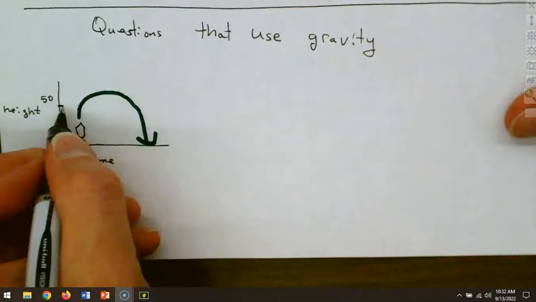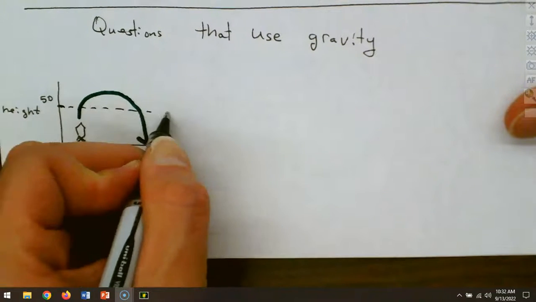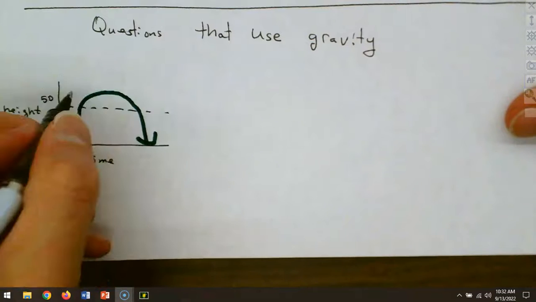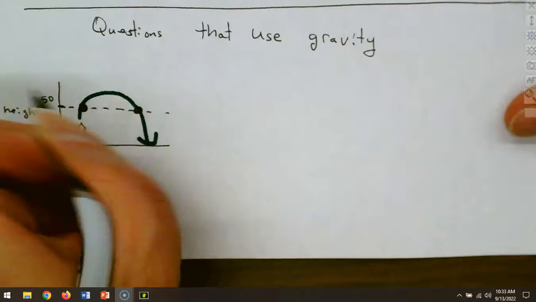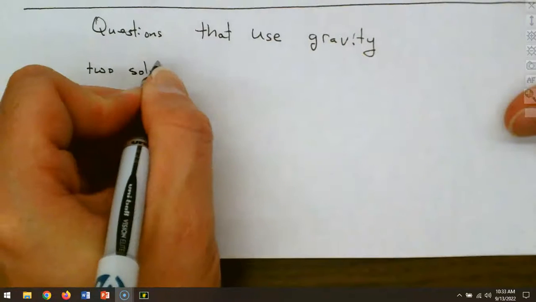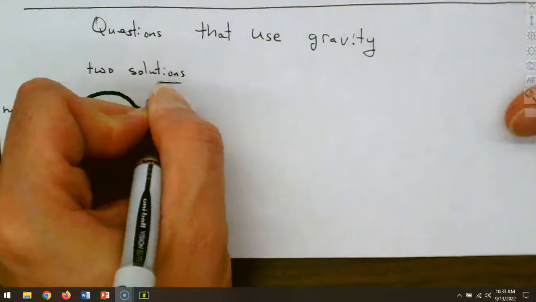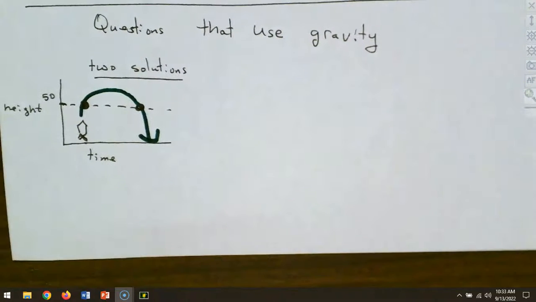If I say a height of 50, look at how many times this crosses the curve. It crosses twice, right? Once there and once there. So you're going to have two solutions, because you've got one going up and you've got one coming back down. Okay, one going up and another one on the return trip coming back down.